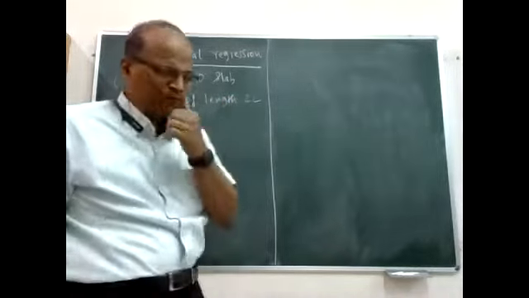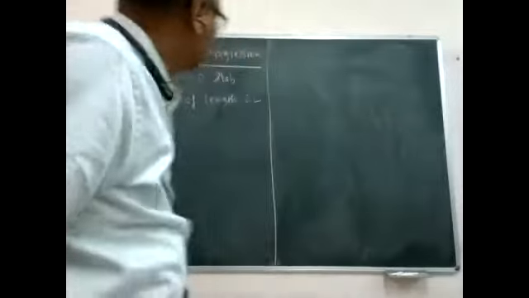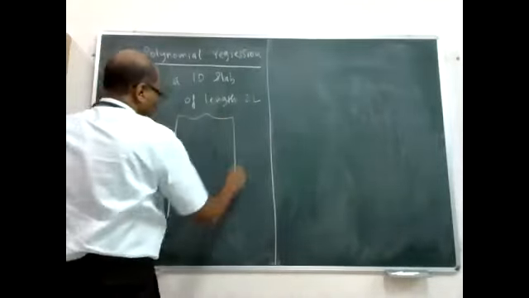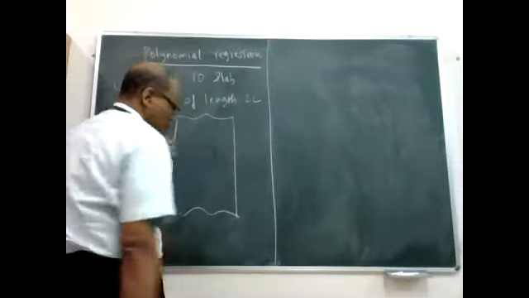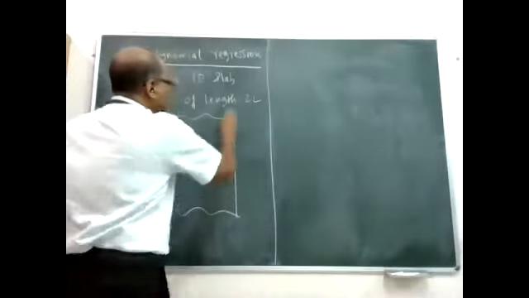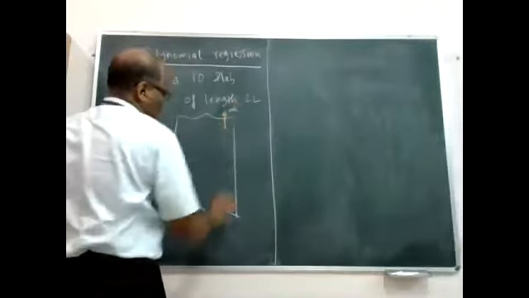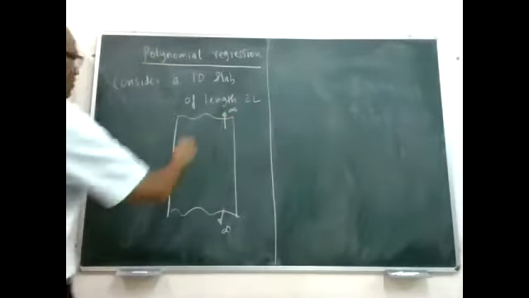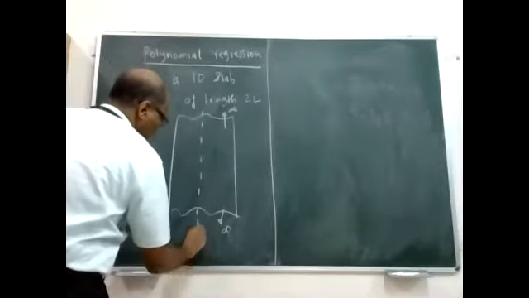Okay, consider a 1D slab of length 2L. So it is semi-infinite. So it is infinitely long. So let it start at x equal to 0 here.